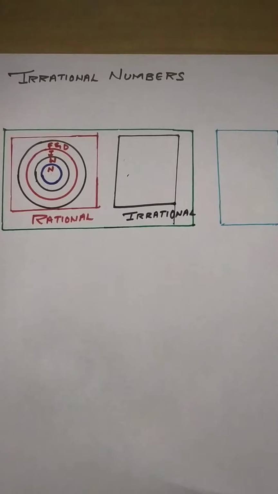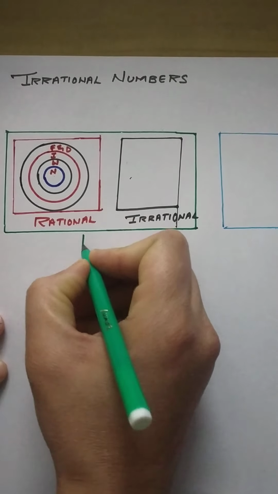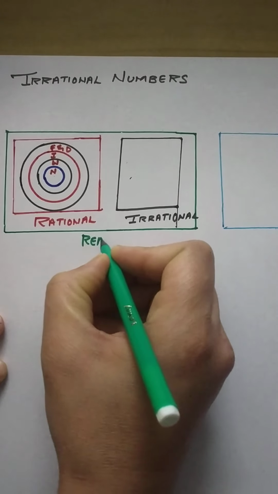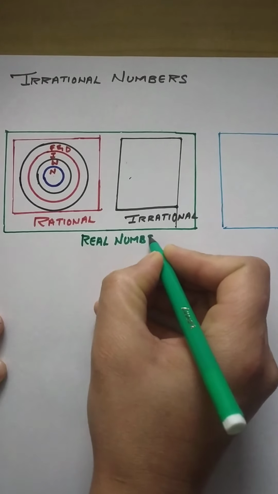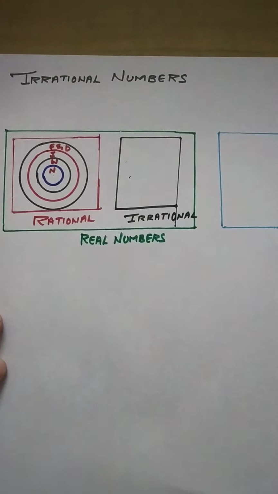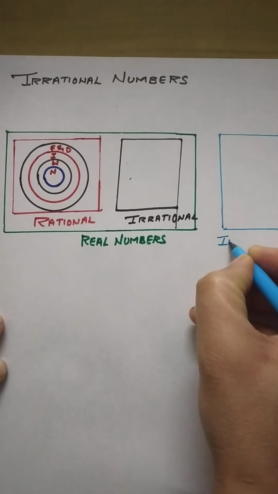And that number family, when they are put under the same header, is named real numbers. And the new number family introduced is imaginary numbers.